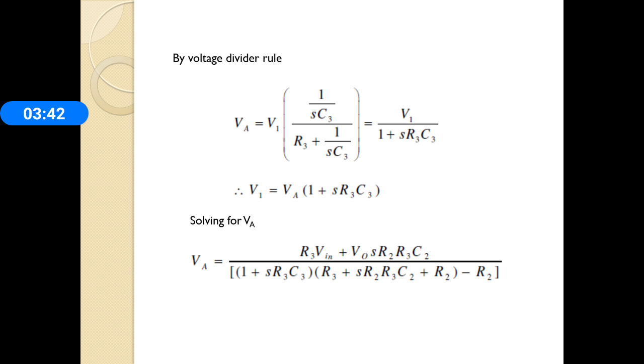By applying the voltage divider rule, we express VA in terms of V1 in the S domain, which equals V1 upon 1 plus S R3 C3. Therefore, V1 equals VA times (1 plus S R3 C3). Solving for VA.